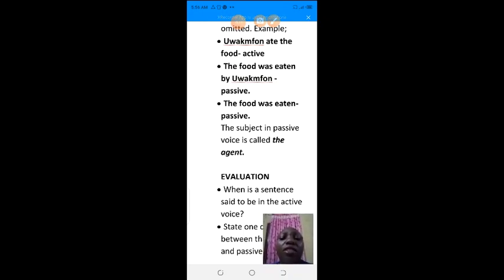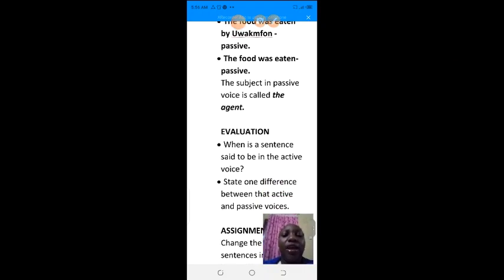We just say the food was eaten. That is what we call the passive construction without agent. So the subject in a passive voice is called the agent. When the passive construction is written without the subject, we say it is passive without the agent. Okay, I hope you got that.